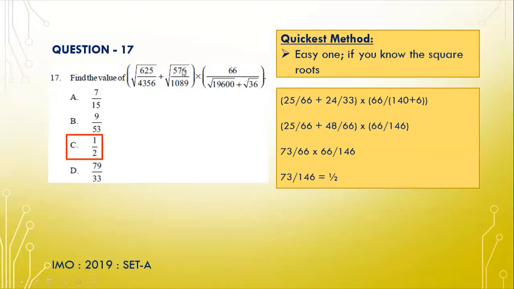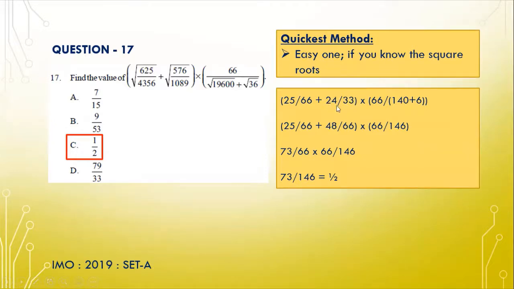What is the square root of 576? It is 24. What is the square root of 1089? 33. So this will be 24 upon 33 into 66 upon, square root of 19600 is 140 and square root of 36 is 6. So this will be 140 plus 6, which is 146. So 25 upon 66 plus, what is 24 upon 33? It is 48 upon 66, isn't it?